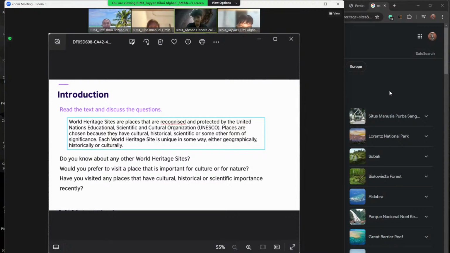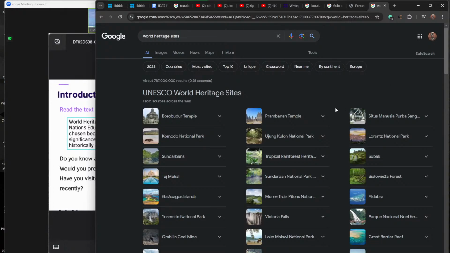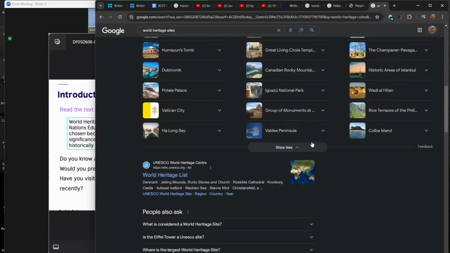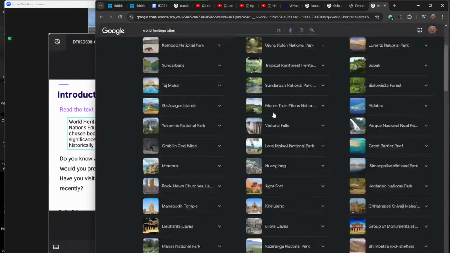Is Kaaba a heritage site? Kaaba. Wait, is Kaaba? I think it's called.